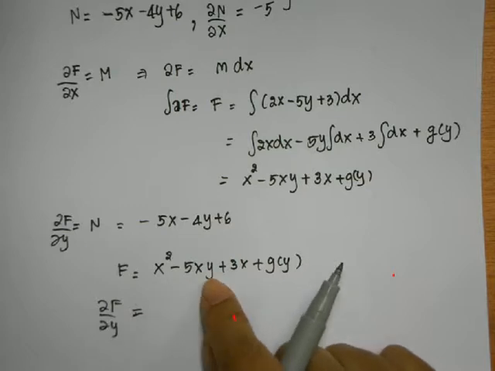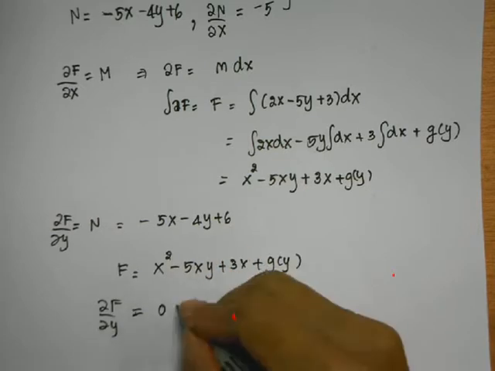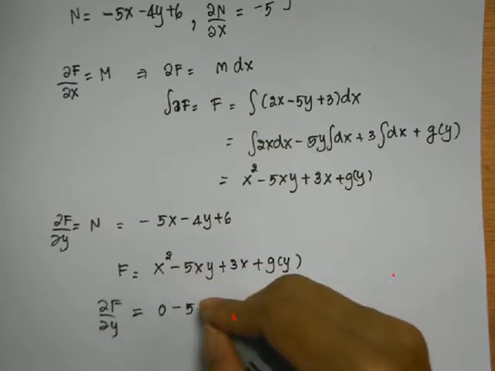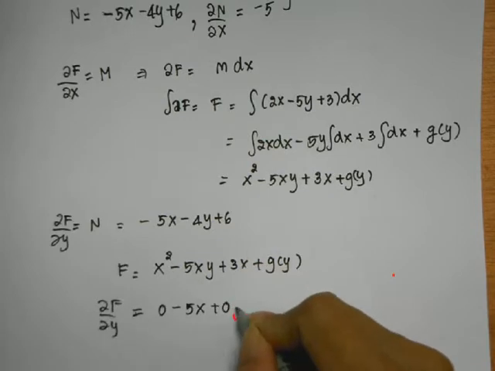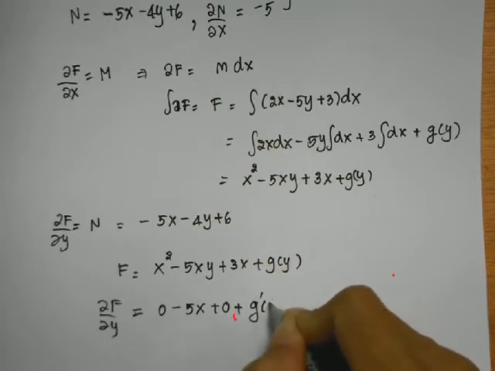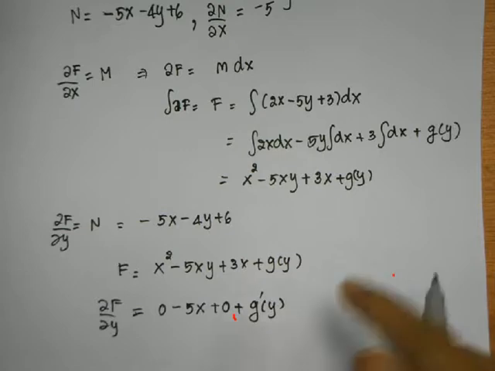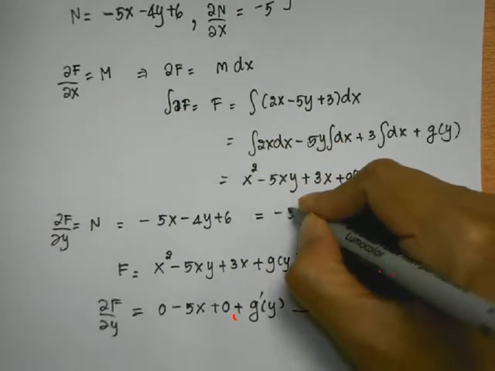The second term you would get negative, minus 5x. The third term, 0, and plus g'(y), derivative of g function. Okay, and then you just plug this one back in there, negative 5x plus g'(y).